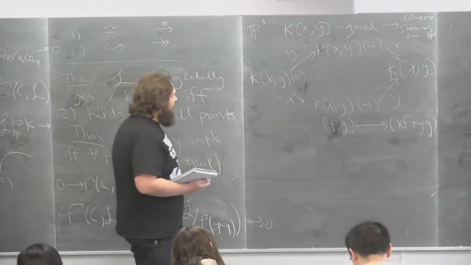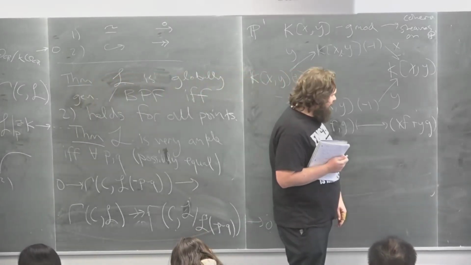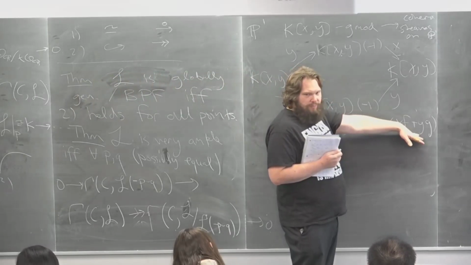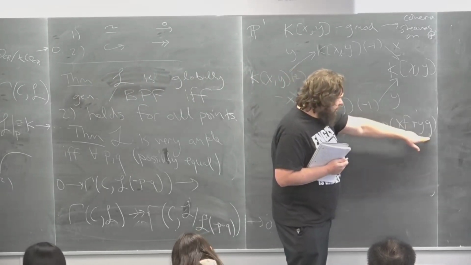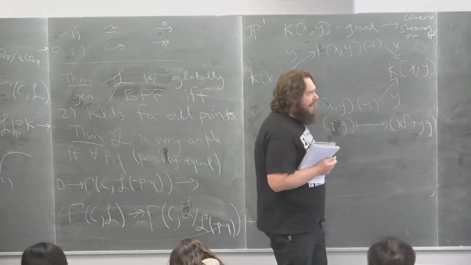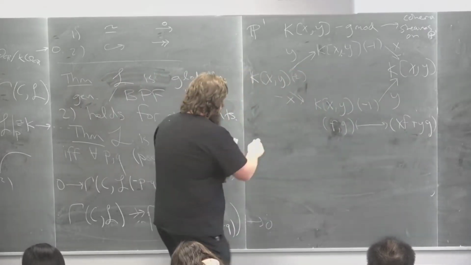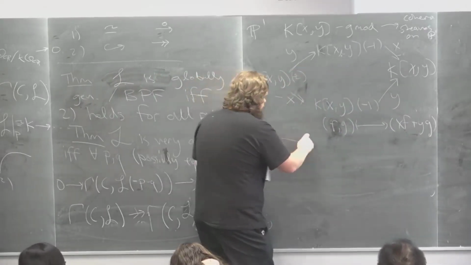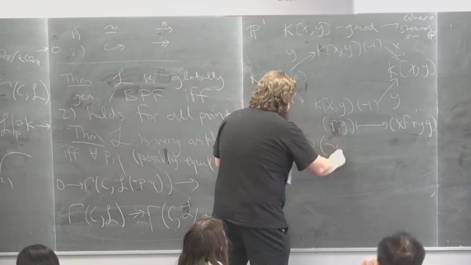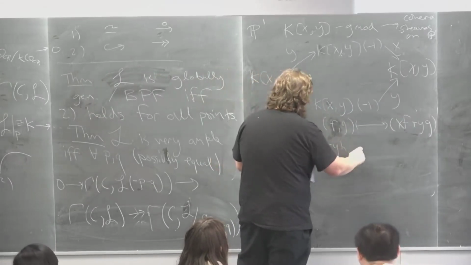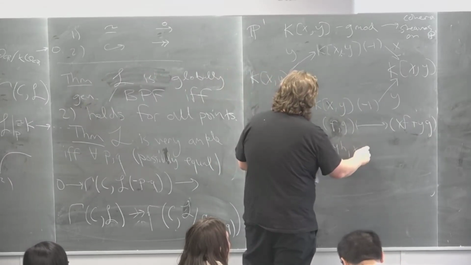Right? And by the fact that polynomials are a UFD, the only way I can solve this equation is if g is divisible by x and f is divisible by y, and there's some h where I'm getting minus y h comma h.